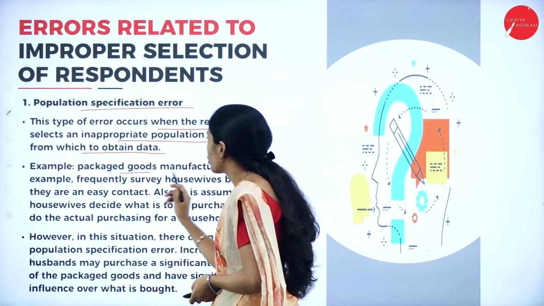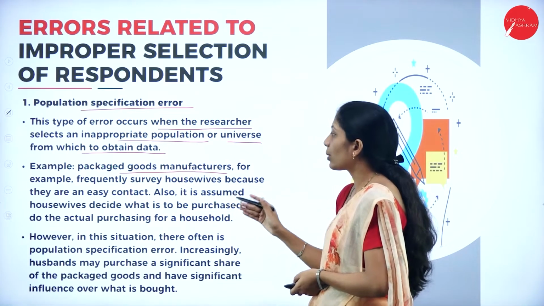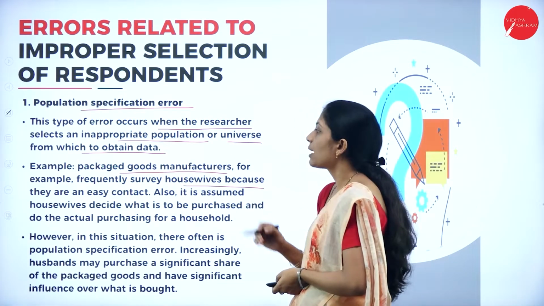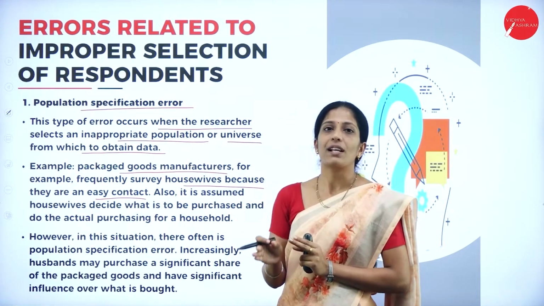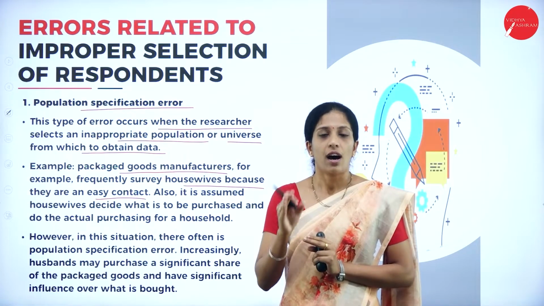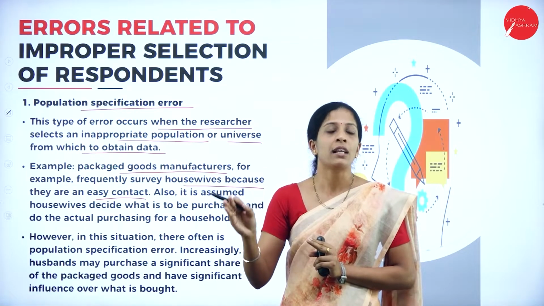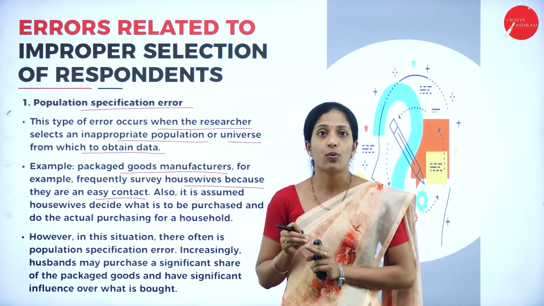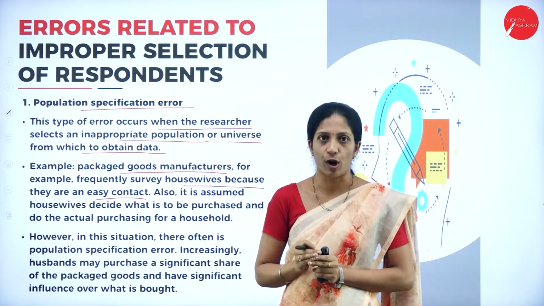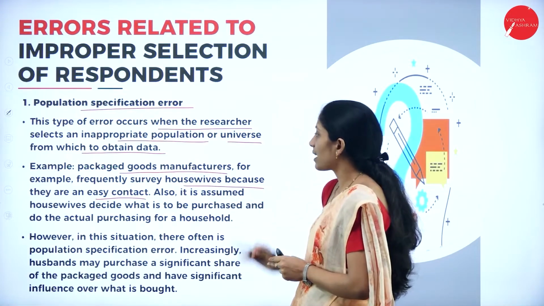Example: packaged goods manufacturers frequently survey housewives because they are an easy contact. Normally, when coming to household things, the researcher will contact the housewife because the housewife is the one who will be familiar with those products. Now see the example here.